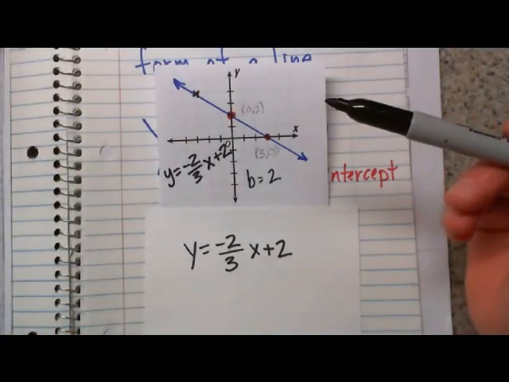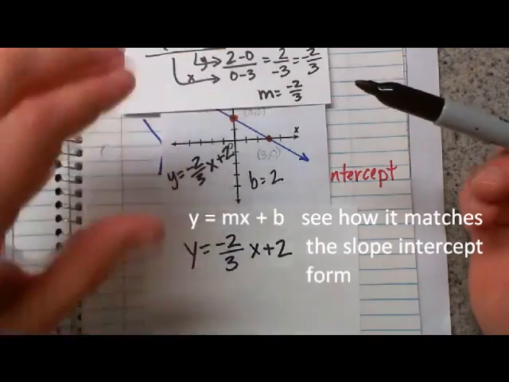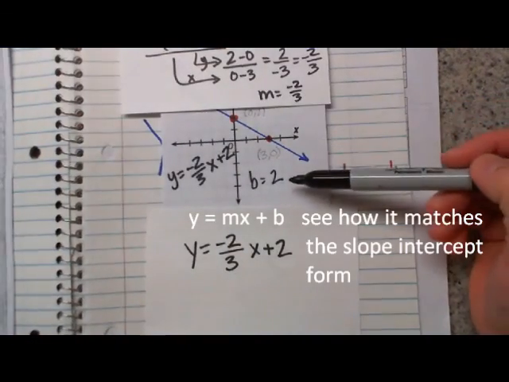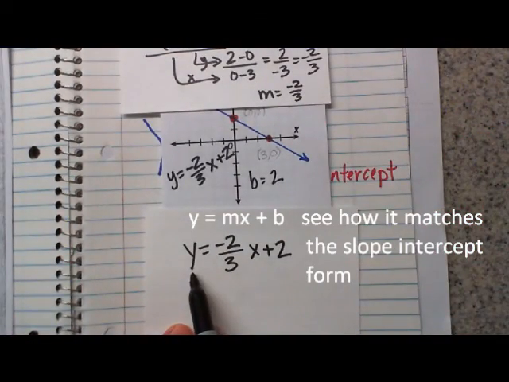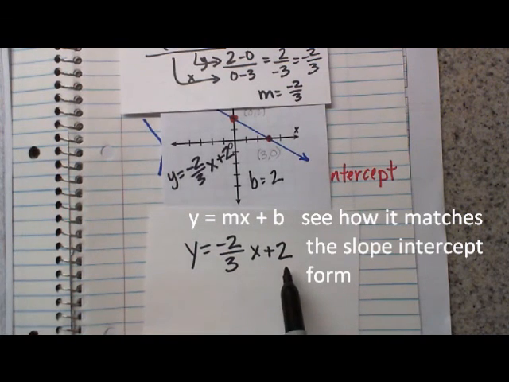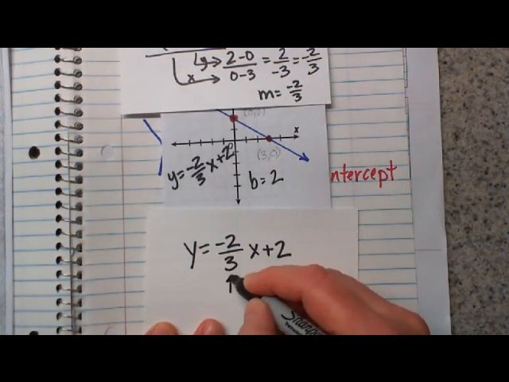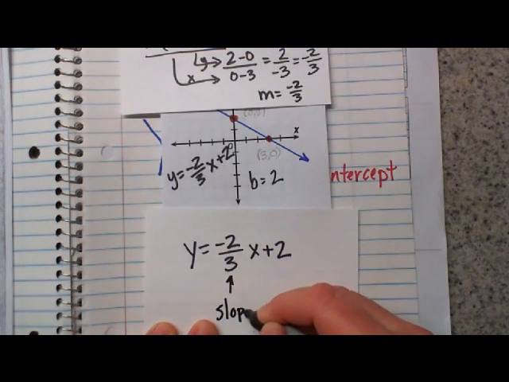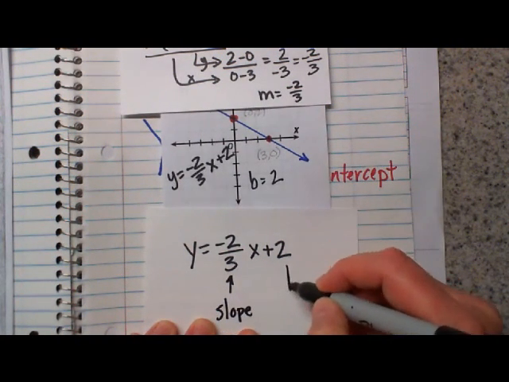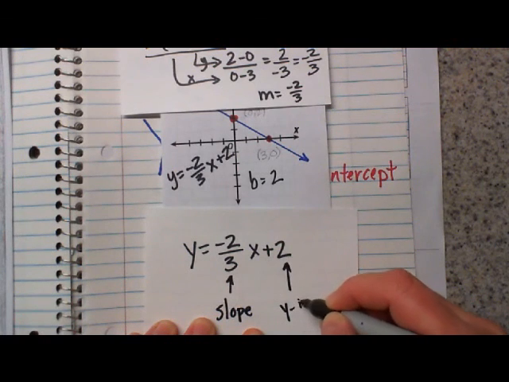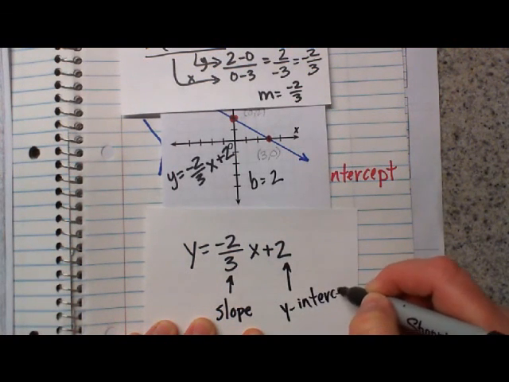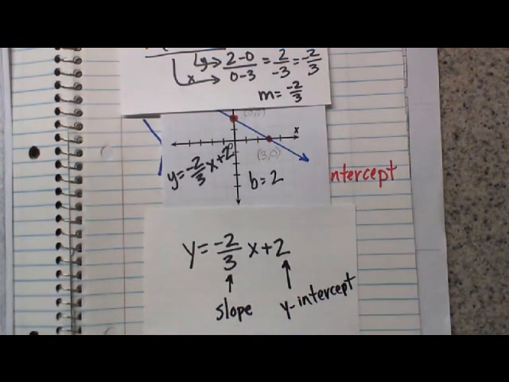And then we took those two, the slope and the y-intercept, and we put them in the form of the slope-intercept equation of a line. This is the slope. This is the y-intercept. Good enough? Okay.